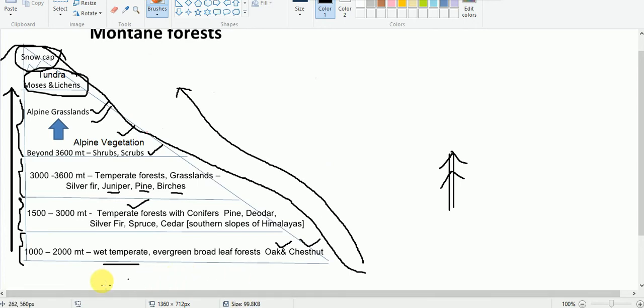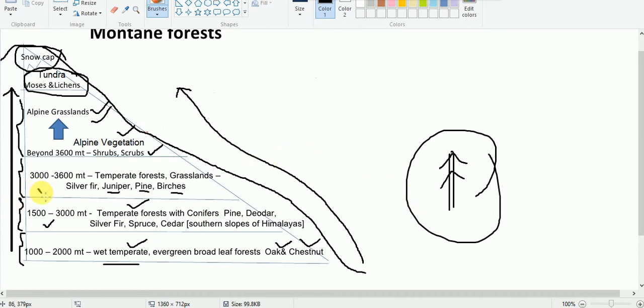At the foothill, between 1,000 to 2,000 meters above the sea level, we find wet temperate forest consisting of evergreen broadleaf trees like oak and chestnut. Between 1,500 and 3,000 meters, we find temperate forest consisting of coniferous trees like pine, deodar, silver fir, spruce, cedar, mainly grown on the southern slopes of the Himalayas.